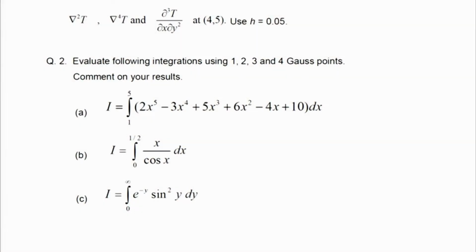Okay. For the second one, in order to estimate how many Gauss points you need, go back to our discussion on curve fitting. Over this tiny range, try to express this function in terms of a low degree polynomial and see which degree polynomial gives you the best fit to this continuous function.